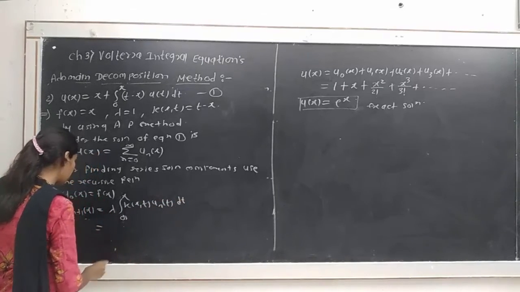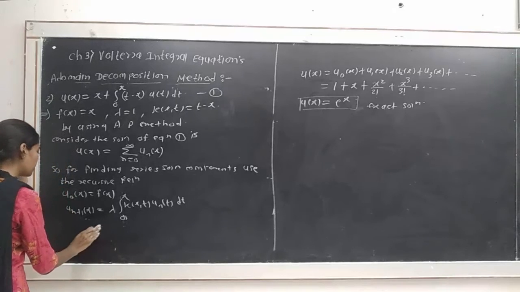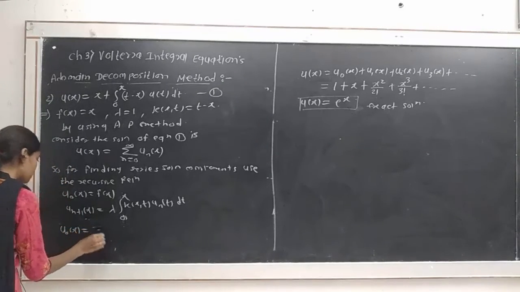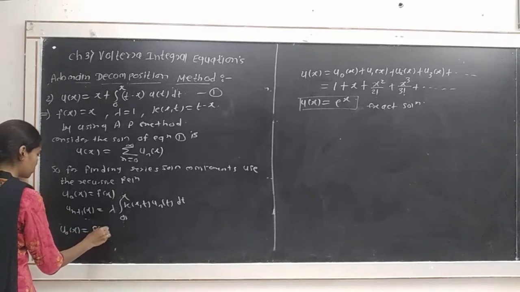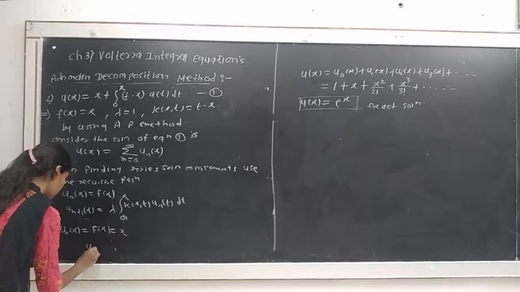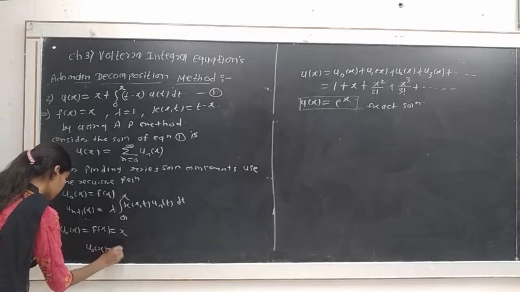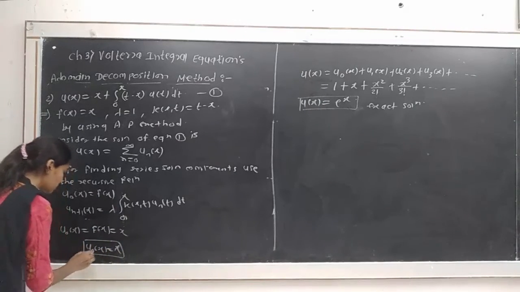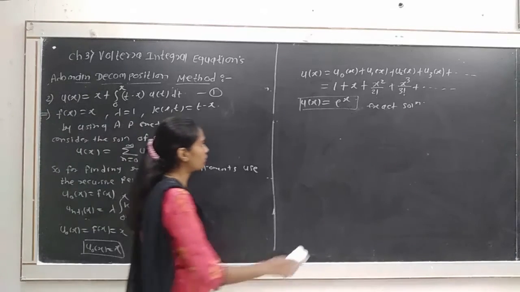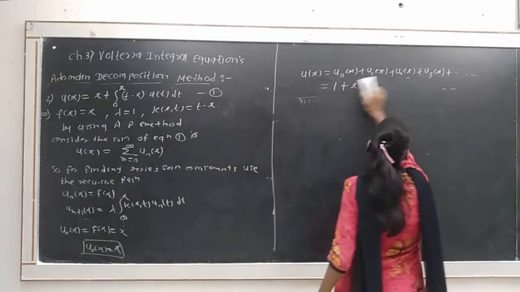So again we write the first component, that is u0(x) equal to f(x). For this equation f(x) will be x. So u0(x) is equal to x. Okay, this is the first component. Then we find the other components by putting values of n.